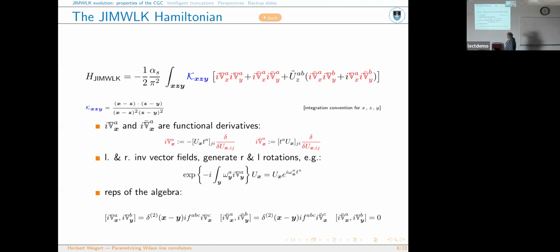There's some integral kernel that is perfectly harmless, that comes out directly of the QCD calculation. And the interesting thing is this is connected with left and right invariant vector fields, because these derivatives conform to the commutation relations of SU(N), but only if the two transverse coordinates are the same, because otherwise you talk about two different groups.